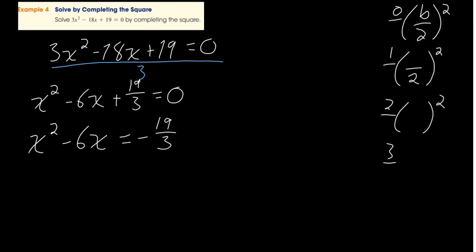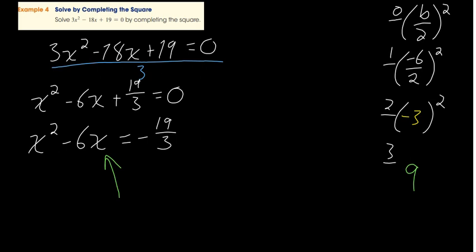Alrighty, so here's what I can do. Let's put the -6 up there. I didn't change the color of it to blue, but we know where we're getting it from. -6 goes up here. -6 divided by 2 is -3. A -3 quantity squared is 9. So I'm going to add 9 to this left side to put it in a form I can factor.